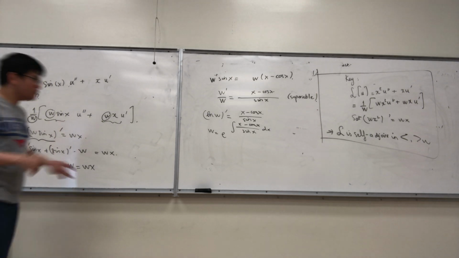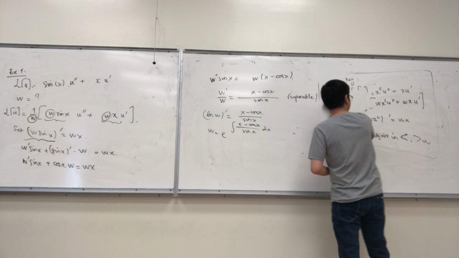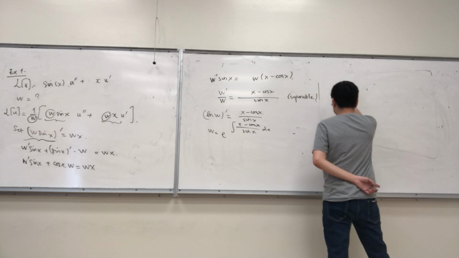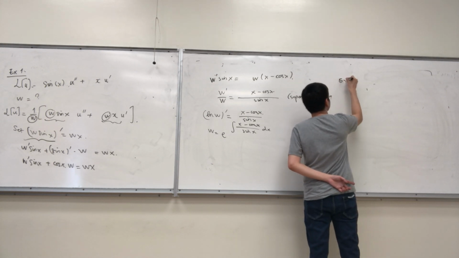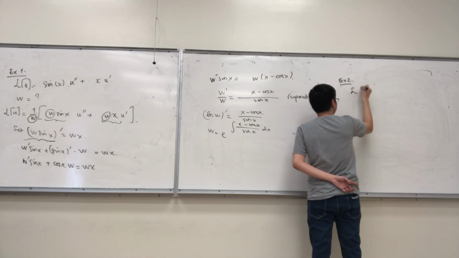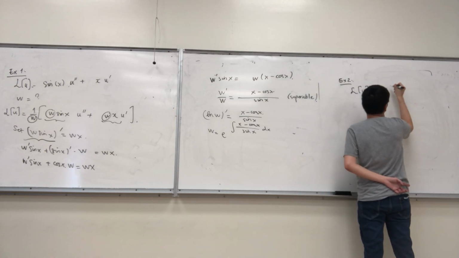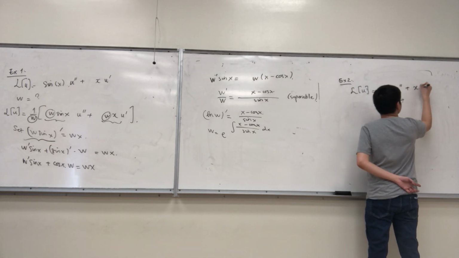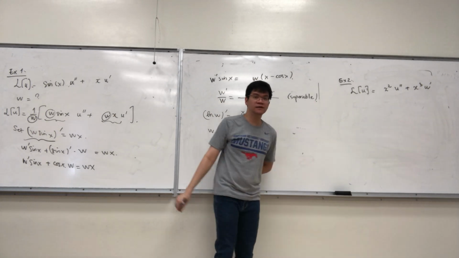Right. So another example is this one. Now you have example number 2. Lu is x squared u second plus x cubed u prime. All right.